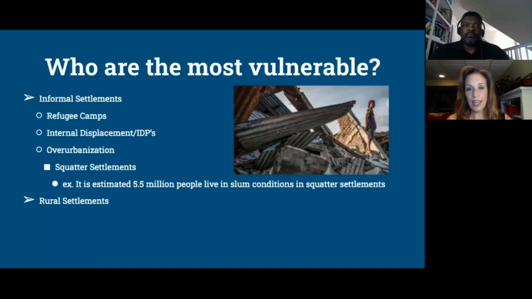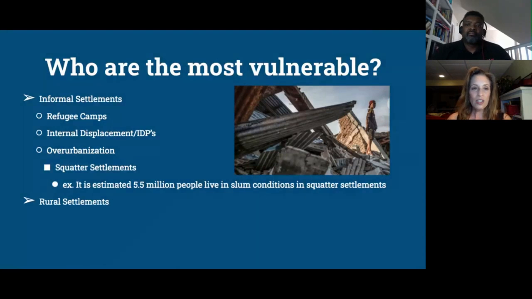So when we're talking to educators, we're trying to get them to think about who the most vulnerable are, because usually the most vulnerable people in the world are the people that are not mapped. We look at informal settlements, for example, refugee camps, internal displacement, over-urbanization, squatter settlements, and also rural settlements.